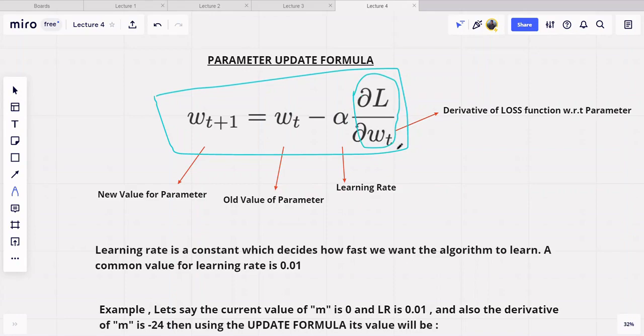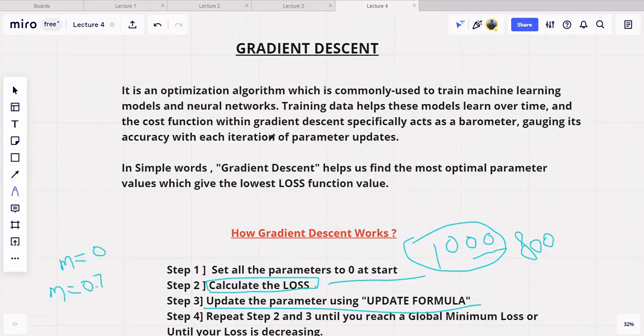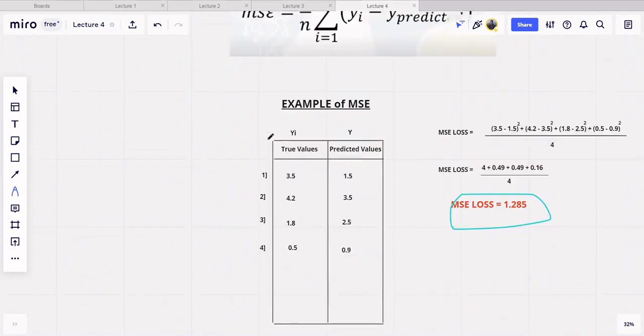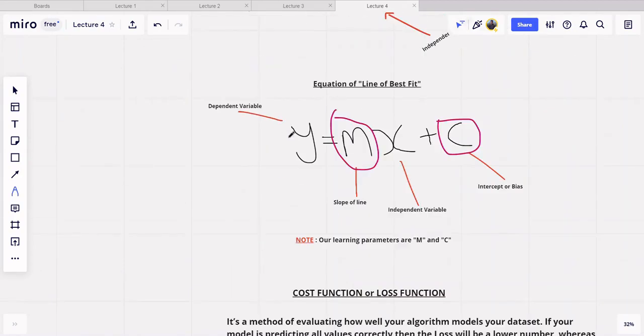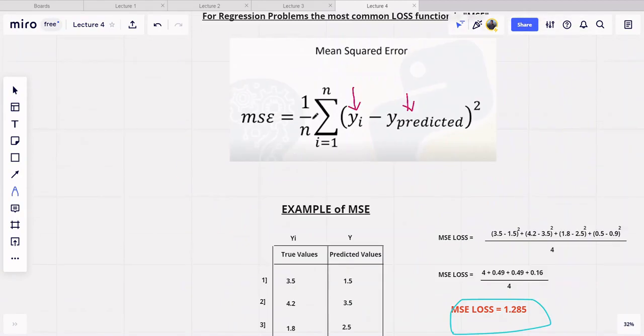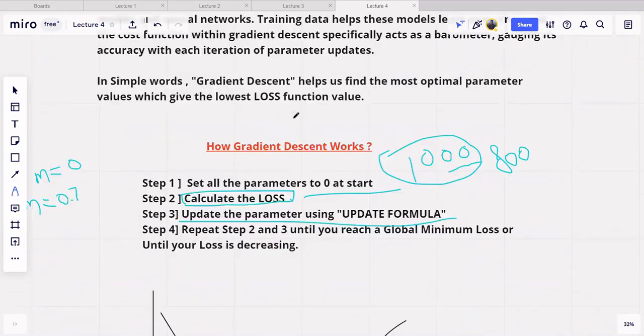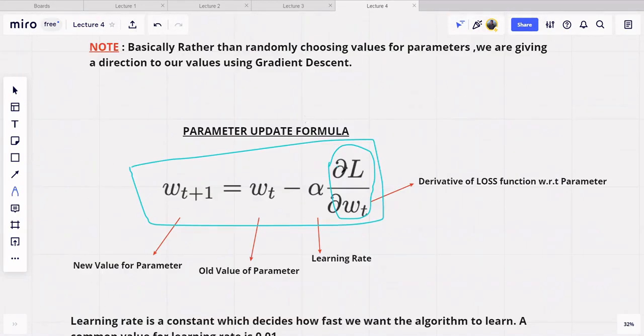In our case, the parameter is m, and our loss function is mean squared error. So this piece represents the derivative of mean squared error with respect to the m parameter, and this alpha represents the learning rate.